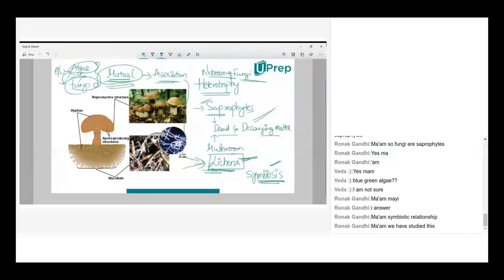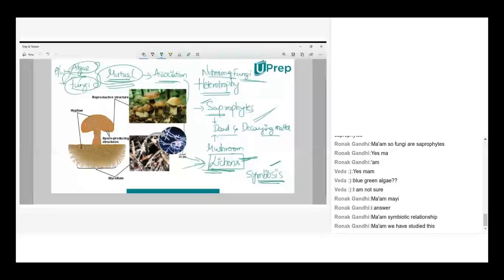Any doubt with the lichen? Ma'am, are lichens parasites or saprophytes? No, they're not parasites. They're not saprophytes. They are a different category related to symbiosis. Symbiosis is not a partnership where one gets a favorable condition and the other gets harmed.